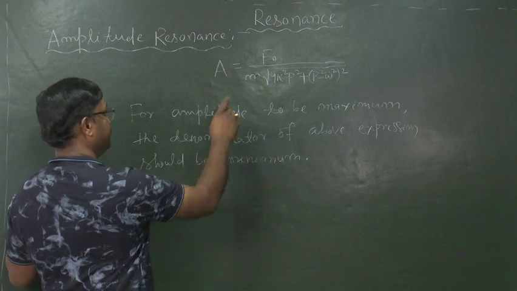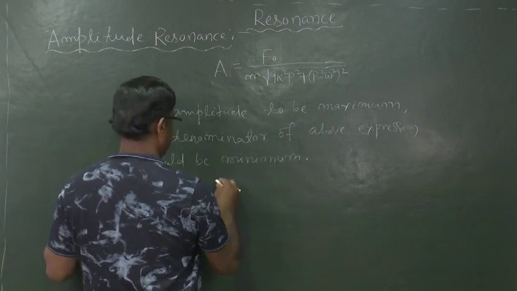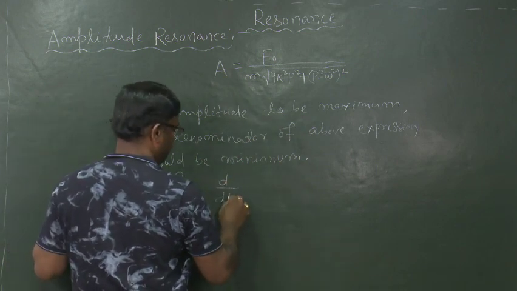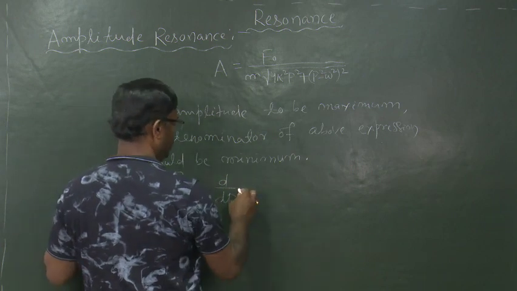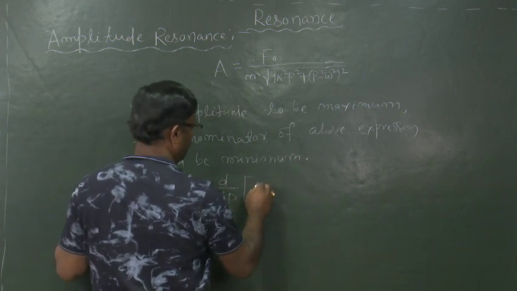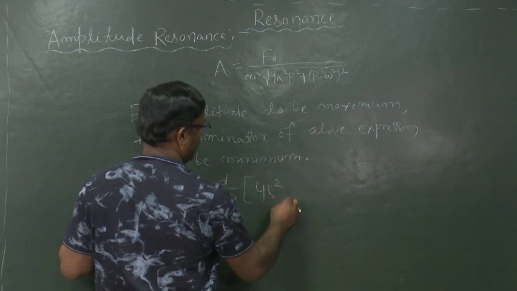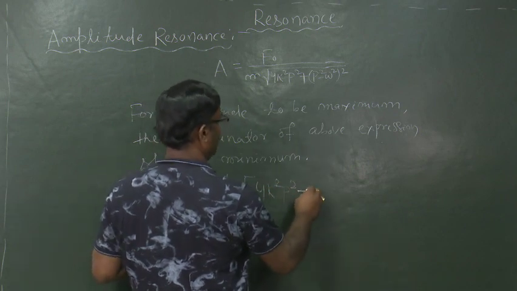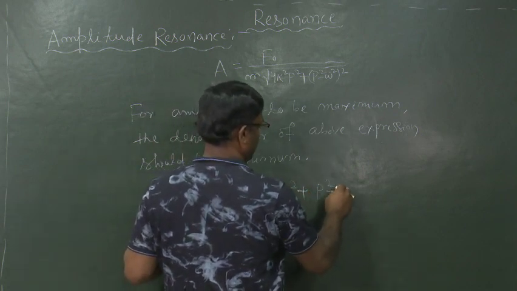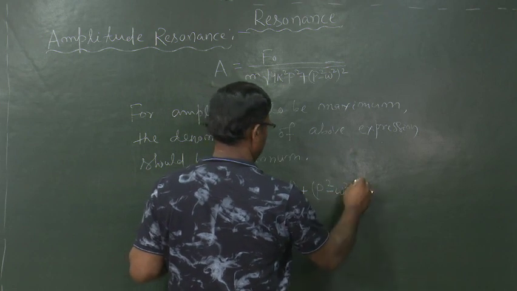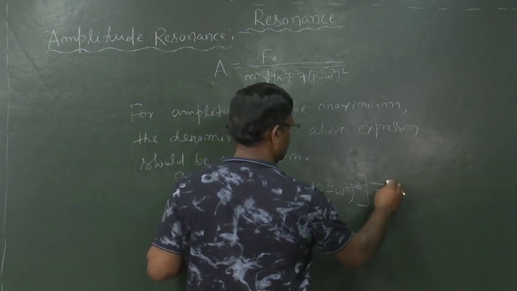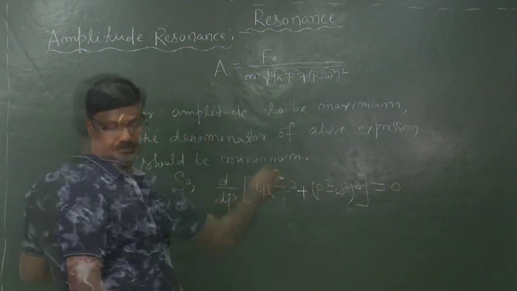And d by dp of 4k square p square plus p square minus omega square whole square should be 0.